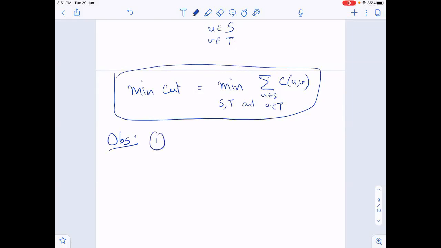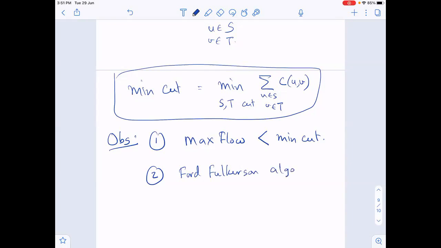First observation is that max flow is always less than or equal to min cut. And number two is that the Ford-Fulkerson algorithm does not stop as long as max flow is not equal to min cut.